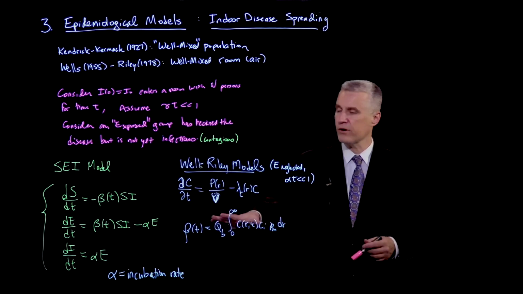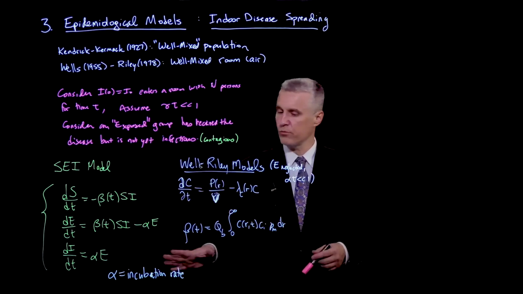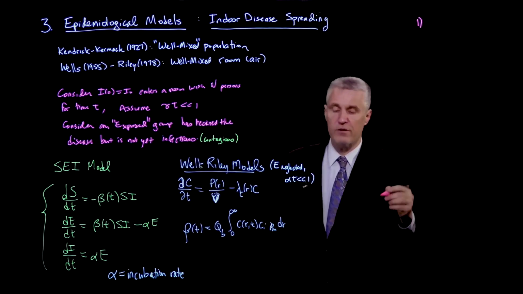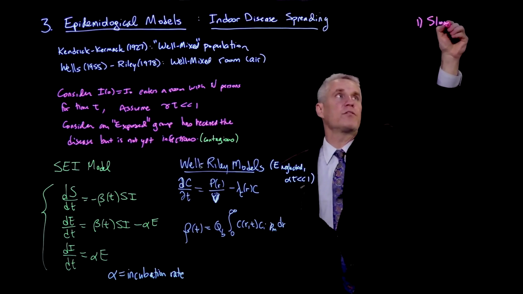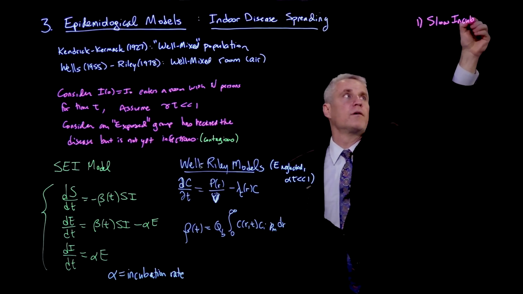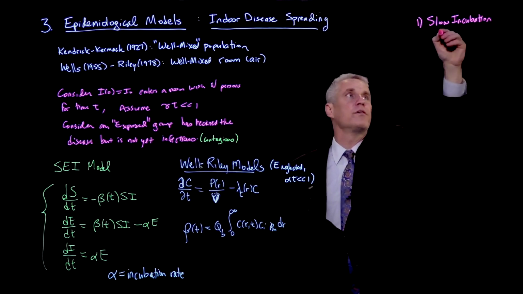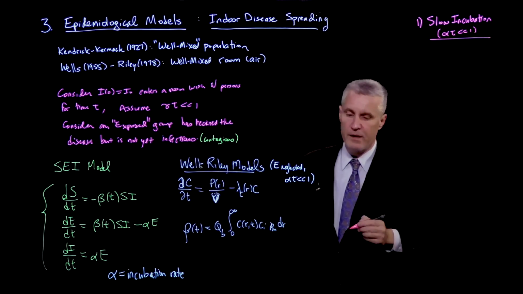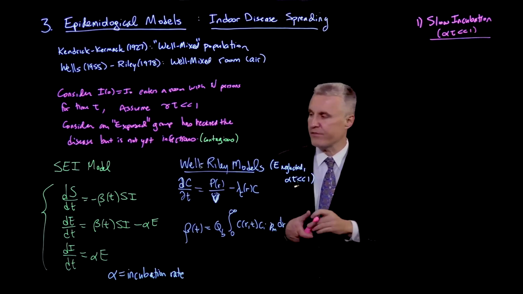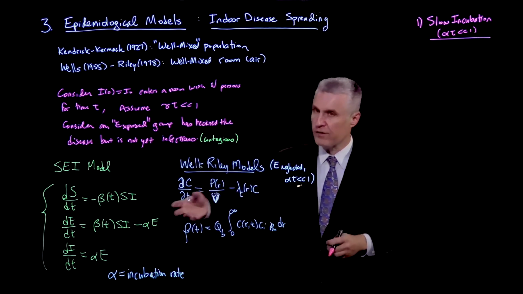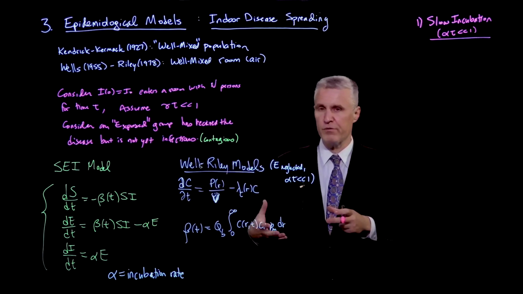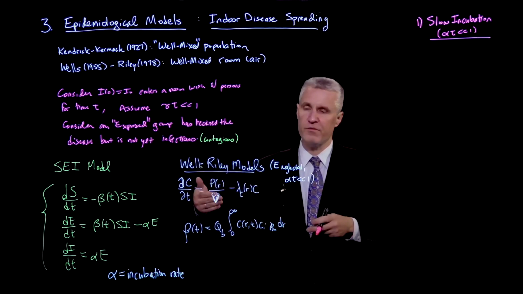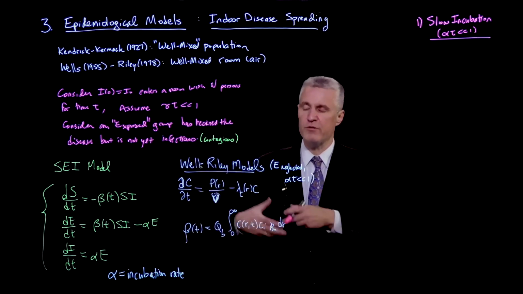So let's summarize the results of the Wells-Riley approach. We'll consider the slow incubation limit, which is alpha tau much less than 1. In that case, during the time of the infected person being in the room, there's no time for new people to become infectious.